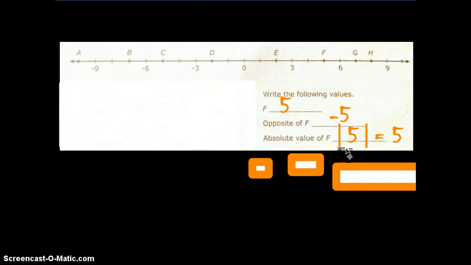Negative 1, negative 2, negative 3, negative 4, negative 5 would be point F's opposite, which in this case would be point C. So the opposite of F is going to be negative 5, or point C. And then the last question says find the absolute value of F. Remember, absolute value is just the distance it is away from 0. How many units? 1, 2, 3, 4, 5. And so we would write it as the absolute value of 5 equals 5.